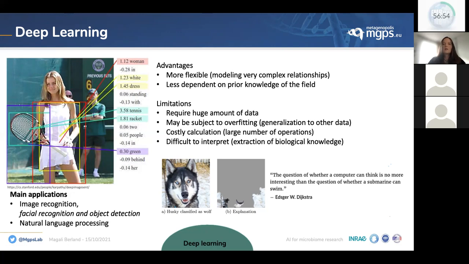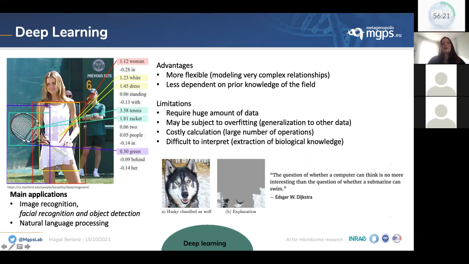So this algorithm made the classification by looking if there is snow, then it's a wolf, otherwise it's a dog. So that's obviously not really what you expect, and it's to make you understand that even if the recognition is very astonishing, the algorithm does not understand what is a woman, what is a tennis racket.